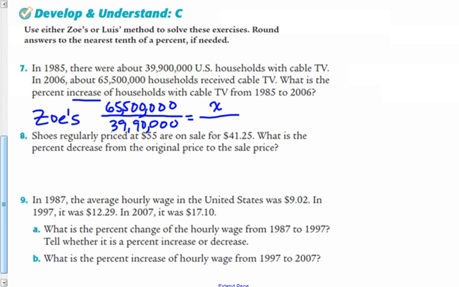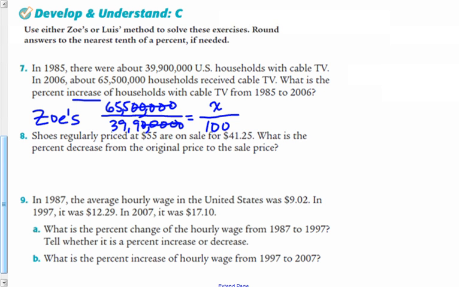So I'll just put an X there over 100. And by the way, when you have extra zeros like this, looks like we have 5 extra zeros in both of these. Forgot a 0 there. You can cancel the zeros. They're not going to affect the ratio.